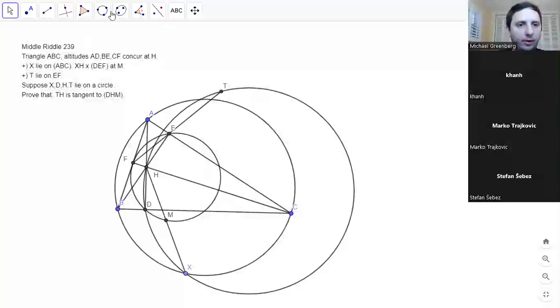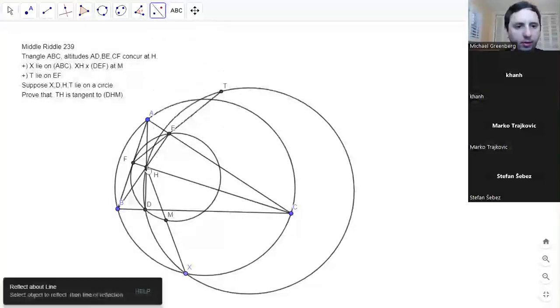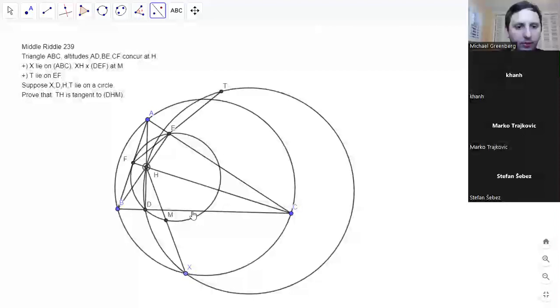Maybe it's worth drawing these other points that you get when you reflect H. So I might as well draw them. I don't think it complicates the diagram too much.